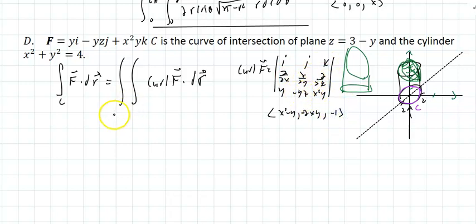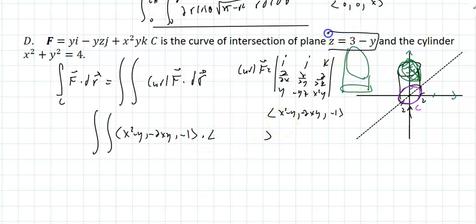There we go. So that's going to be x squared minus y, negative 2xy, and negative 1.